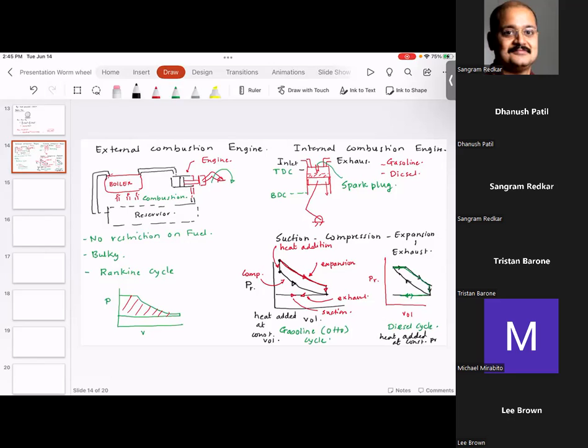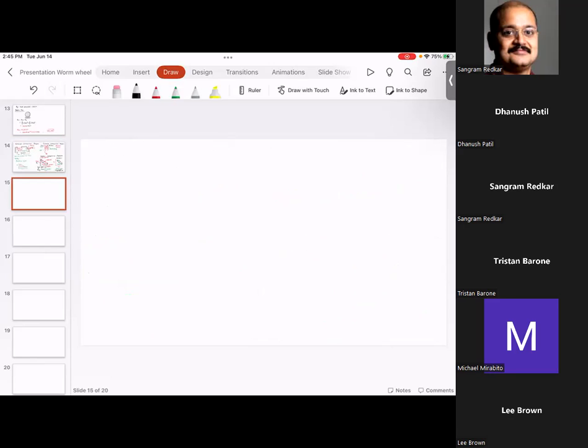But how would you distinguish whether it's a diesel engine or gasoline engine? One thing you would notice immediately is gasoline engines and diesel engines.